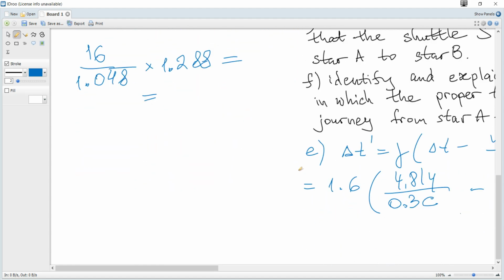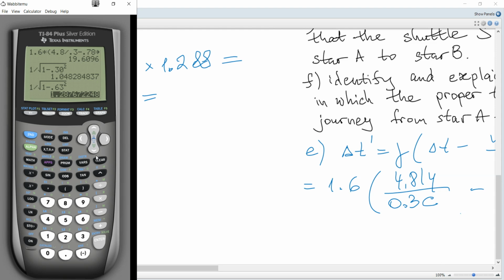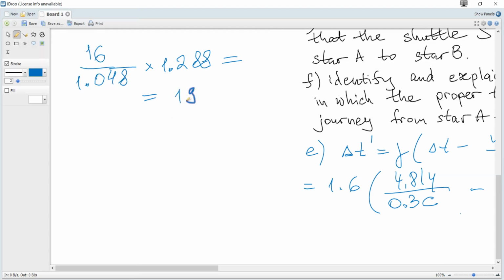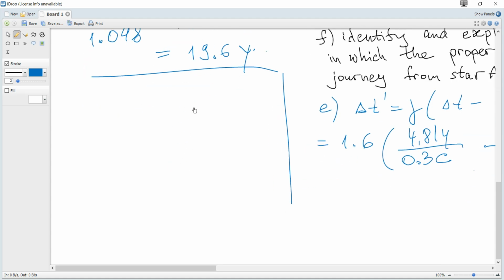I hope it's clear, and you can see that it becomes 19.6. There is a bit of difference due to rounding, but in general it's something between 19 and 20 years. And years again. And the third method.